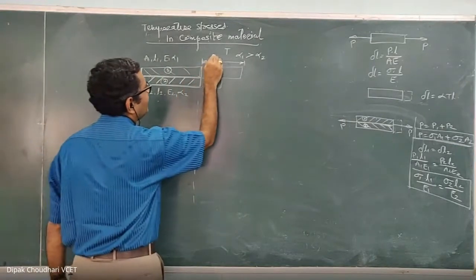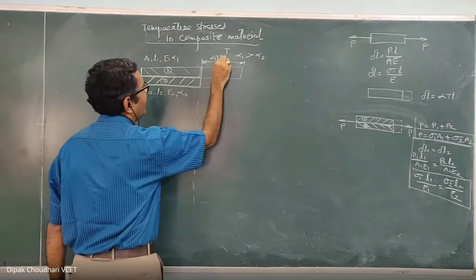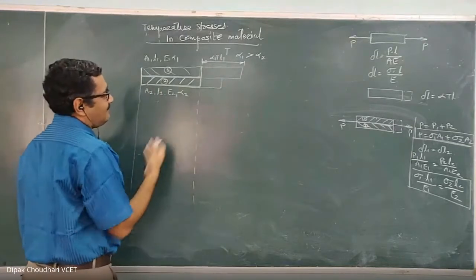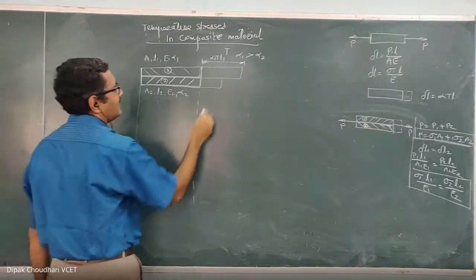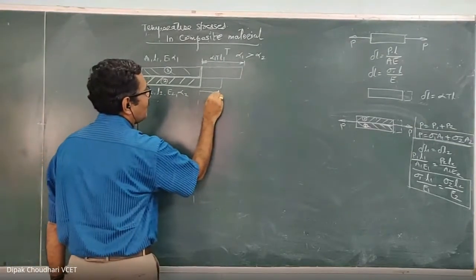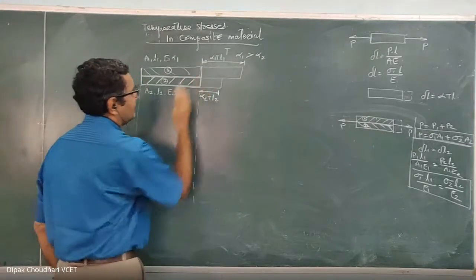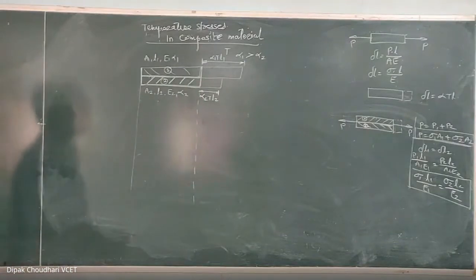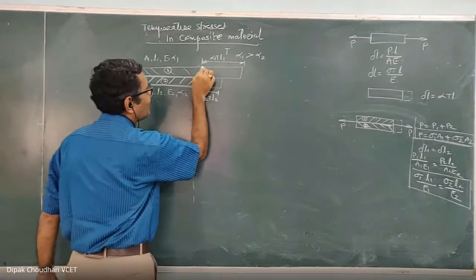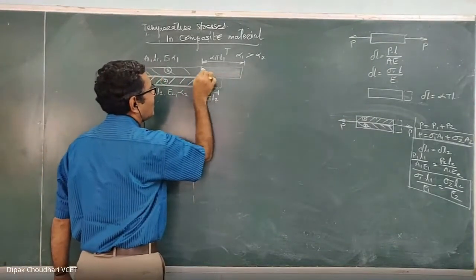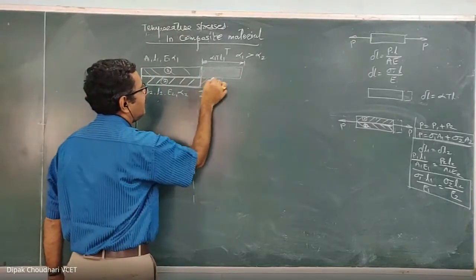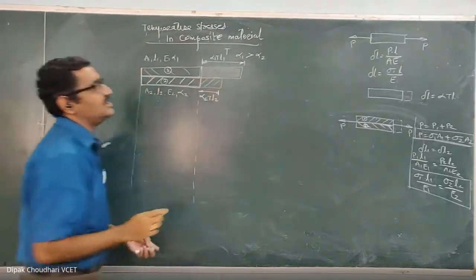So it will be alpha 1 T into L1. L1 and L2 both are the same for this case. Similarly, the deformation of material 2 is alpha 2 T into L2. The assembly is heated through the same temperature. So this is the free deformation of material 1 because of the change in temperature, and this is the free deformation of material 2.